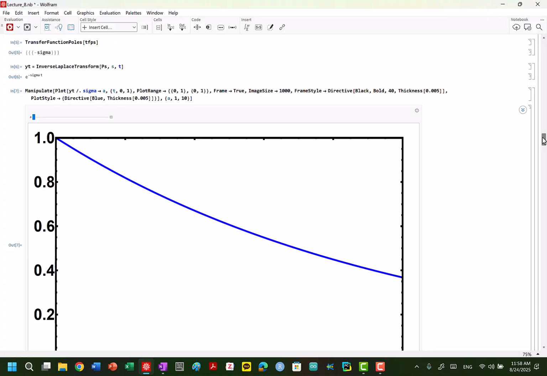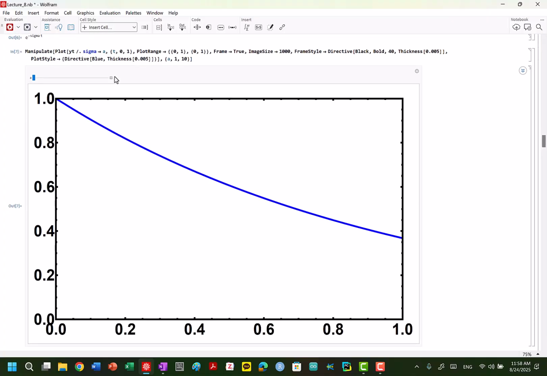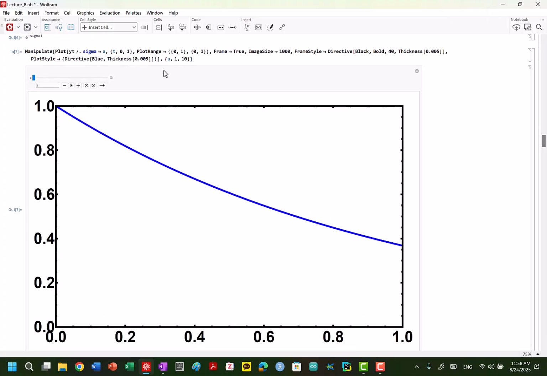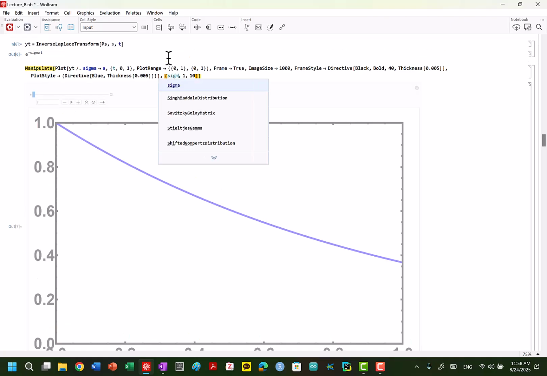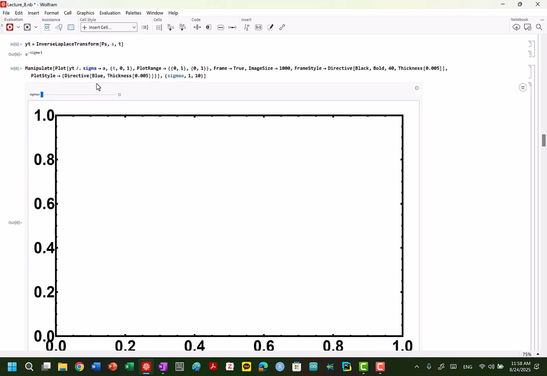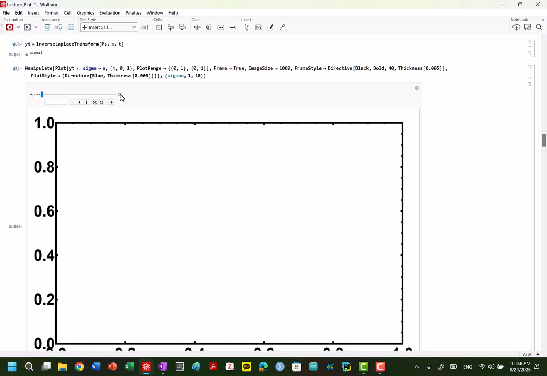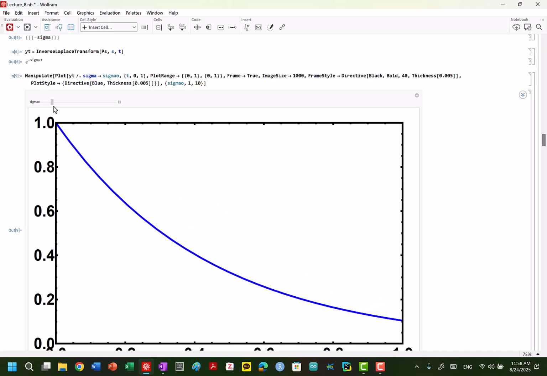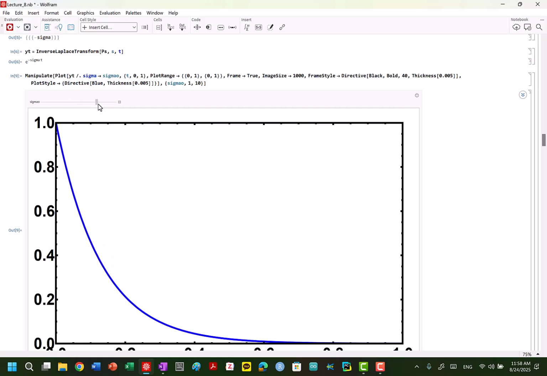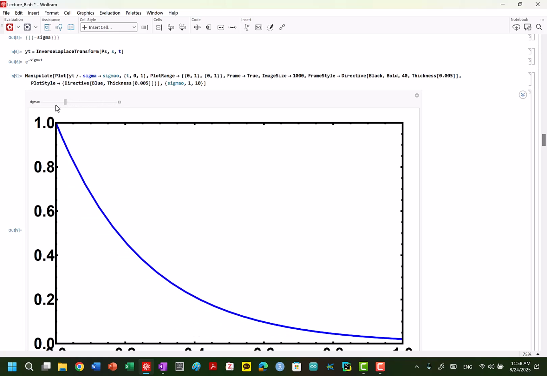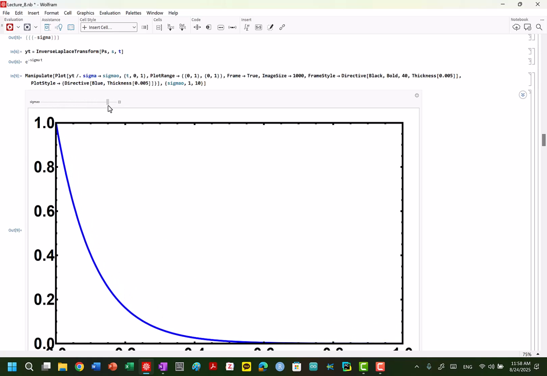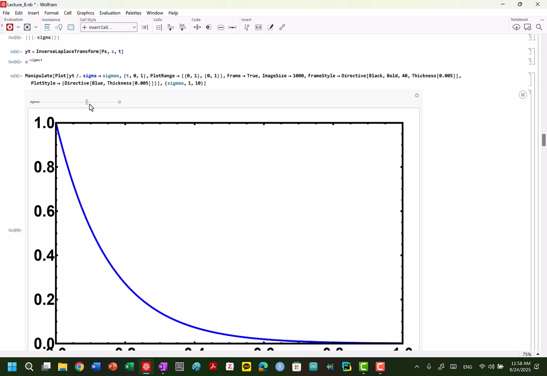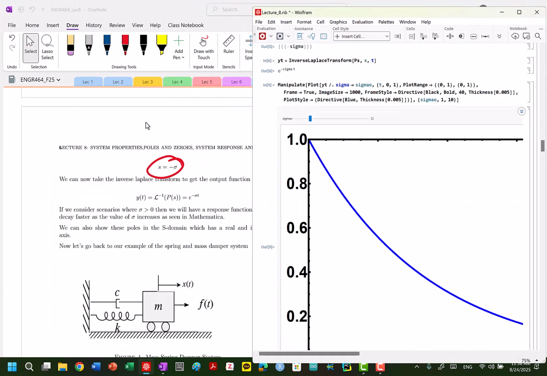We're varying in this instance a, which is basically sigma. Actually, just for ease, I'm going to say sigma 0. There we go. Here, as I increase the value of sigma, you see I'm getting a faster exponential decay. So I'm essentially changing the system response depending on what that value of sigma is.